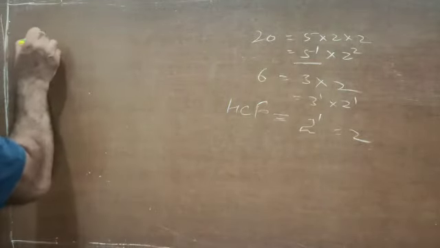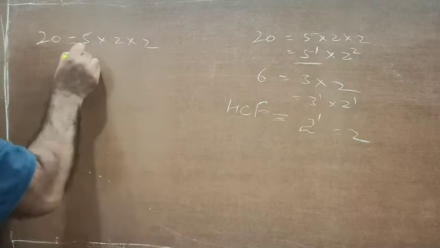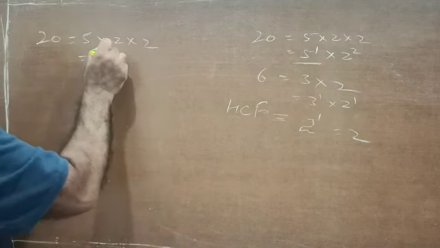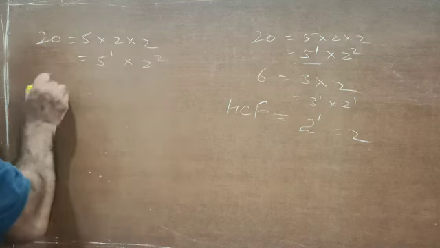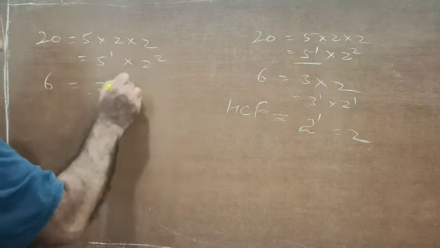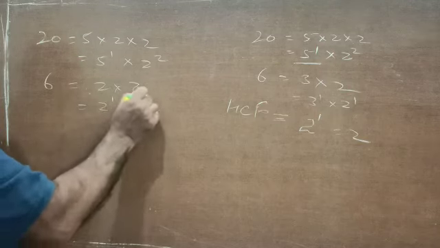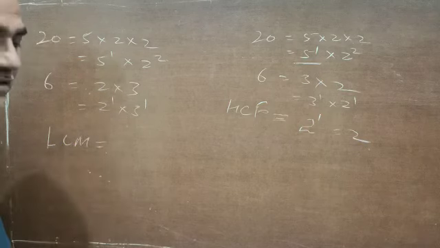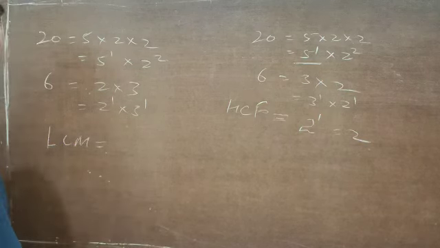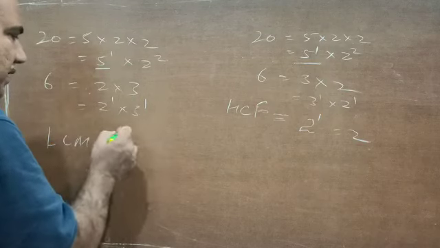Now if you find out LCM, 20 is 5 into 2 into 2, that can be written as 5 raised to power 1 and 2 raised to power 2, and 6 can be written as 2 into 3. So that can be written as 2 raised to power 1 and 3 raised to power 1. Now for finding out LCM, the algorithm goes like this. Take all the factors, whether they are common or not. So as we have said, factor 5 is there, write it down.